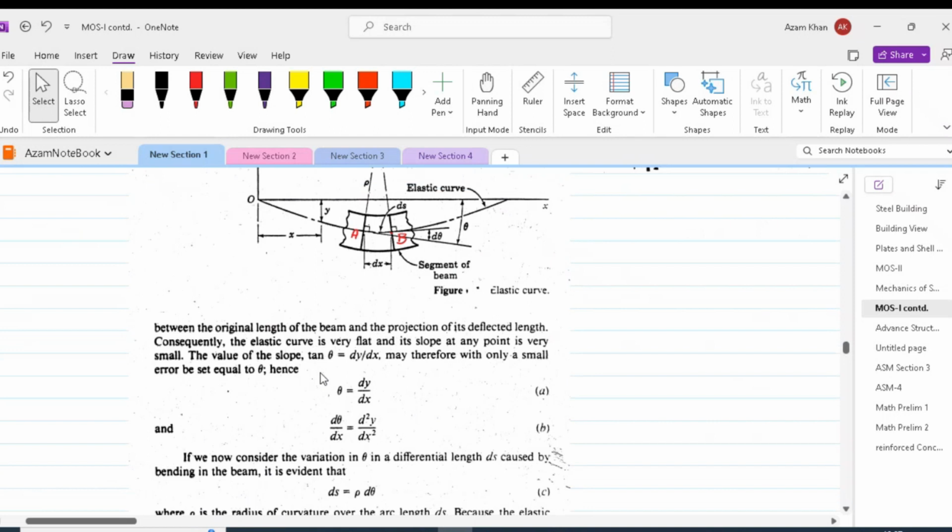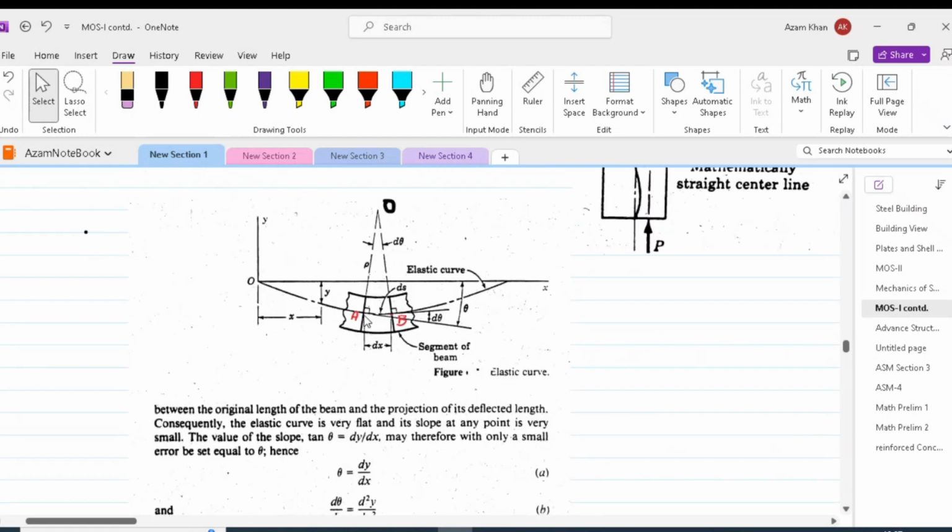In the case of small deflection, we can equate tan theta approximately equal to theta, and we would get theta equal to dy by dx. Now, differentiating this equation with respect to x will give us d theta by dx equal to d2y by dx square.